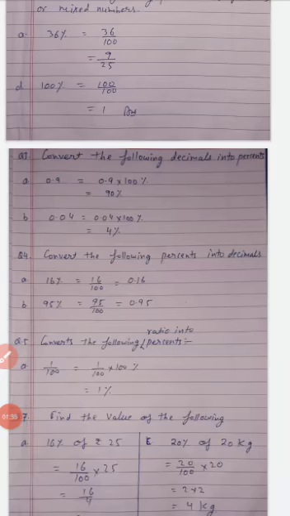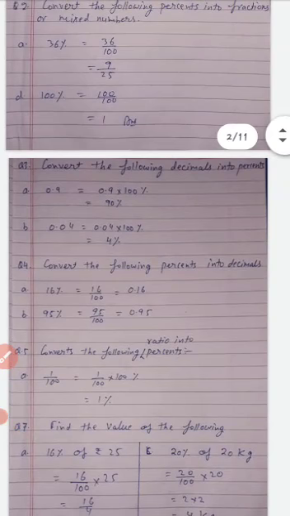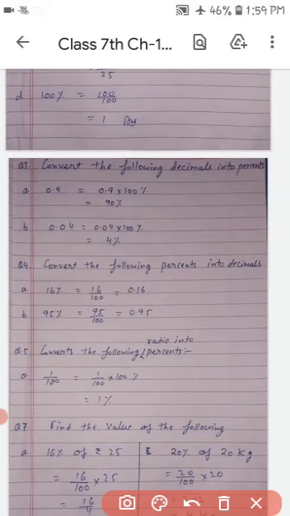Question 3. Convert the following decimals into percents.